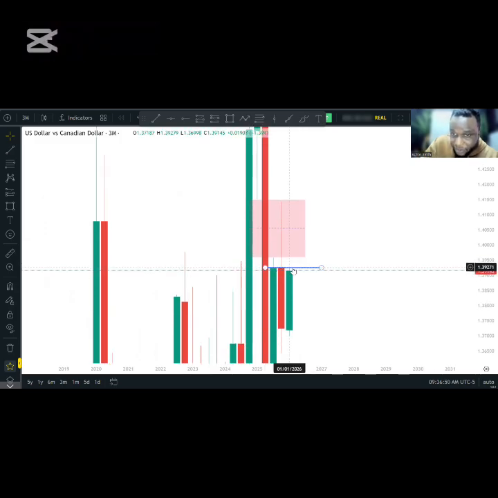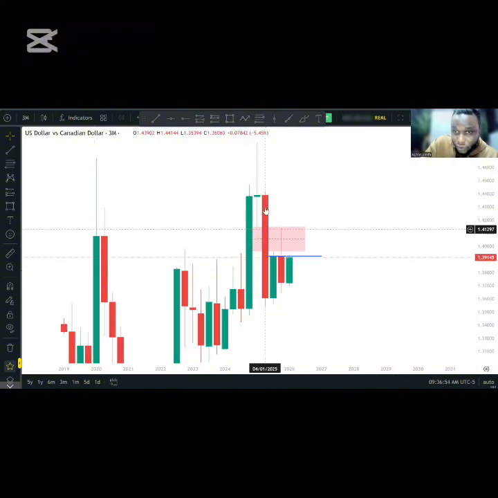So from here, we'll be having a rejection to continue bearish. Plus, we have this massive bearish candle showing that the bears are still very much in the market. So everything is indicating that we are going lower.